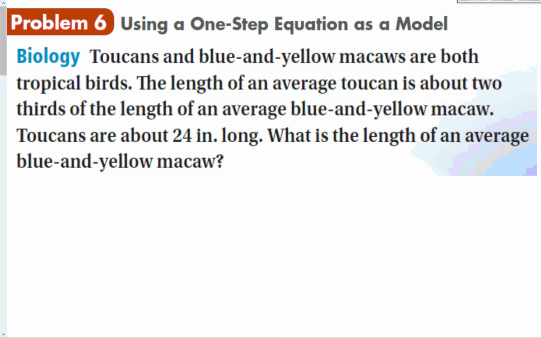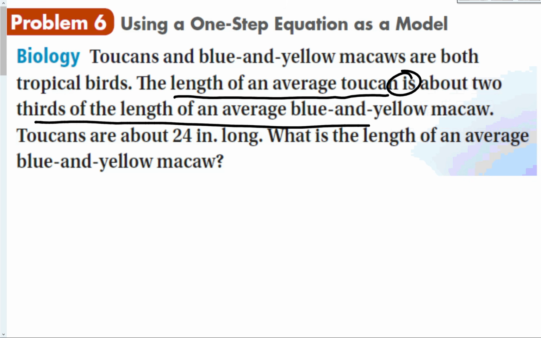Well, let's break this word problem down. The hardest part about a word problem is relating the words into some sort of math. So we want the length of the toucan is, there's my equal sign, there's what I'm relating, 2/3 the length of the macaw. And the toucans are 24 inches.